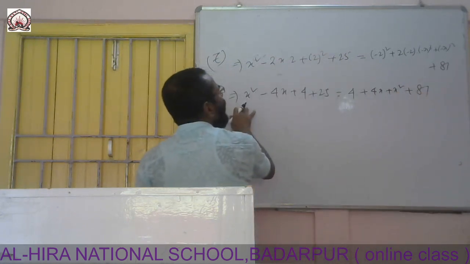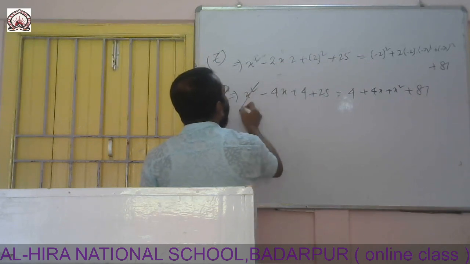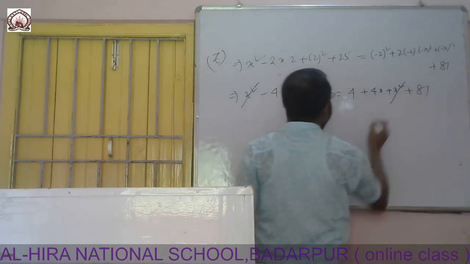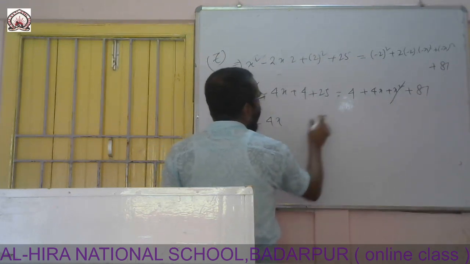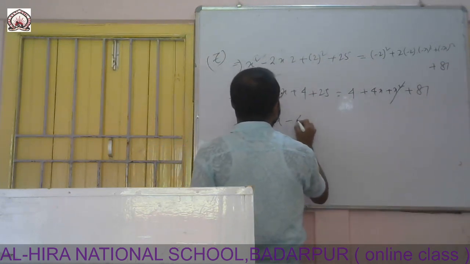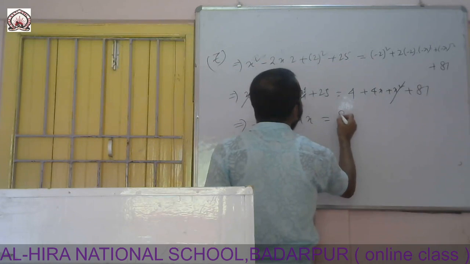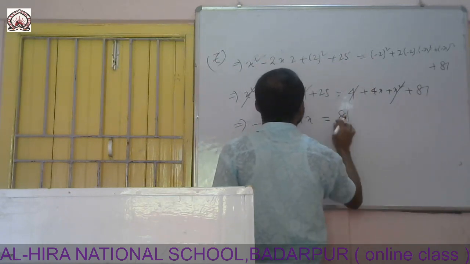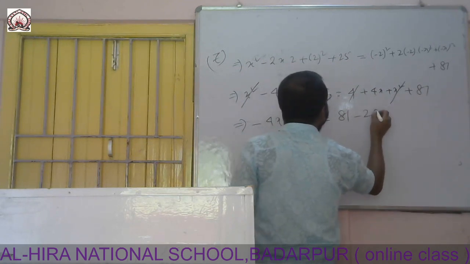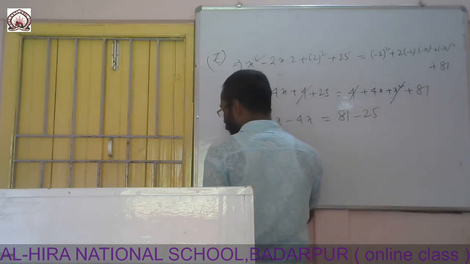So x square on this side and x square on that side cancel, and then minus 4x, by interchanging this one will be minus 4x, we can add 81, this 4 also cancels, and this is minus 25.